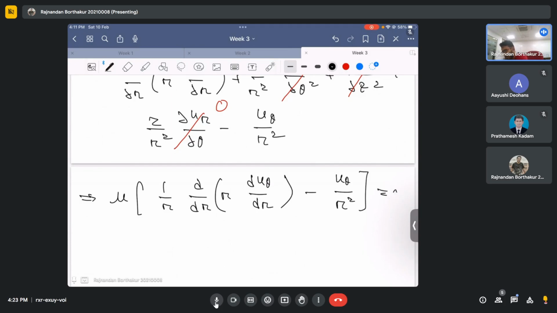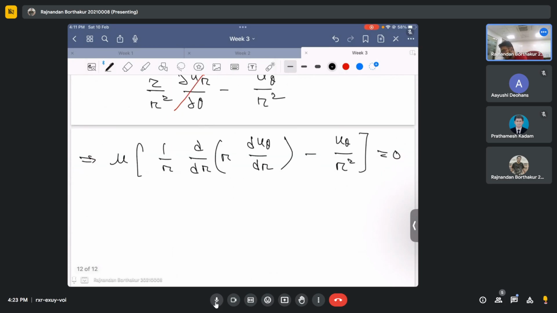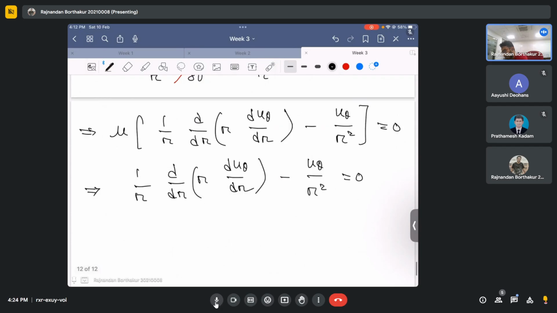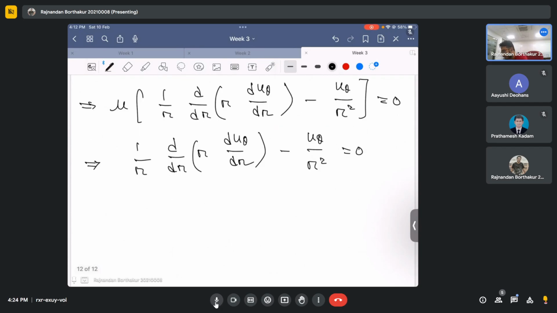Okay, this equals 0. And since mu is not equal to 0, we can write 1 by r d/dr of r times du theta by dr minus u theta by r squared equals 0. Okay, I hope this is clear. It's just the math that we are doing.